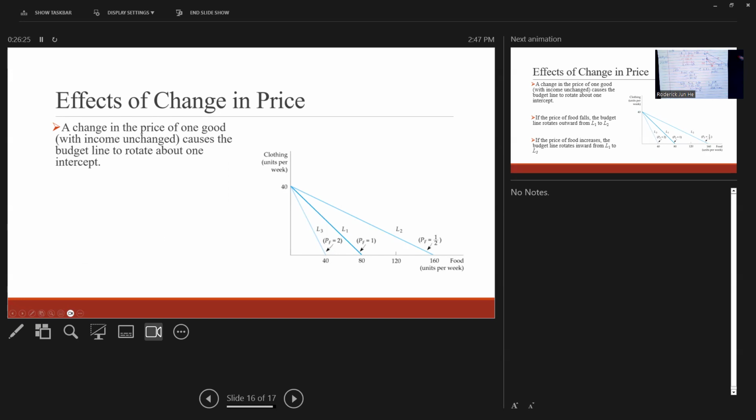So that's why for the case that the food price decreases from $1 each to $0.50 each, now the budget line is rotating outwards.